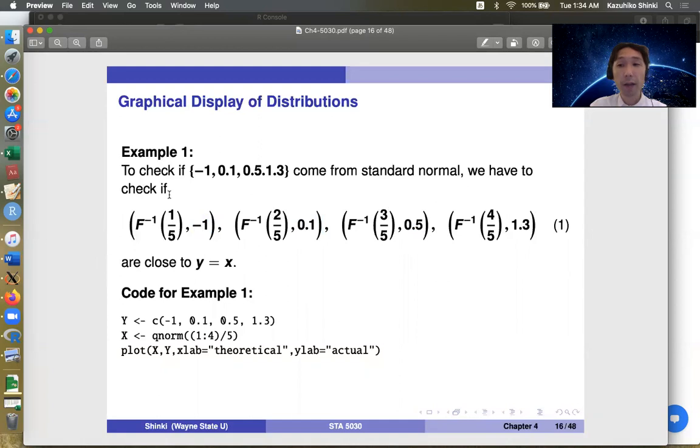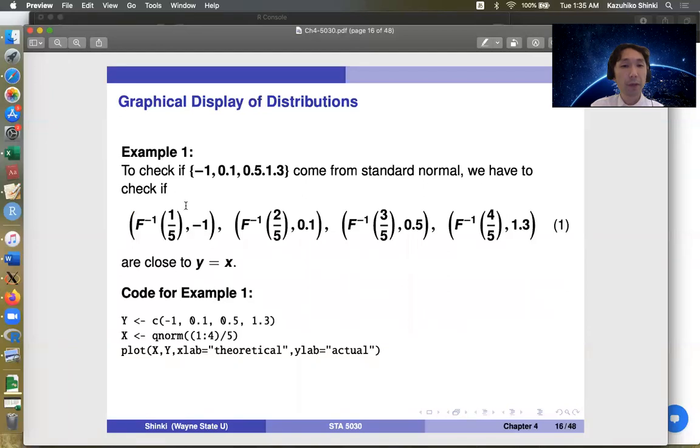If we have a random number between 0 and 1, and we calculate F inverse of that random number, it is a random number which follows the distribution F. Now let's think about what the typical realization of 4 random numbers following distribution F is.